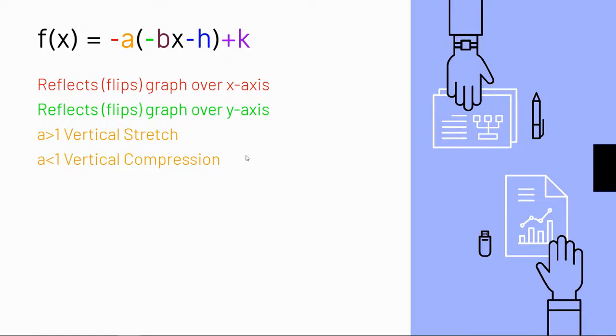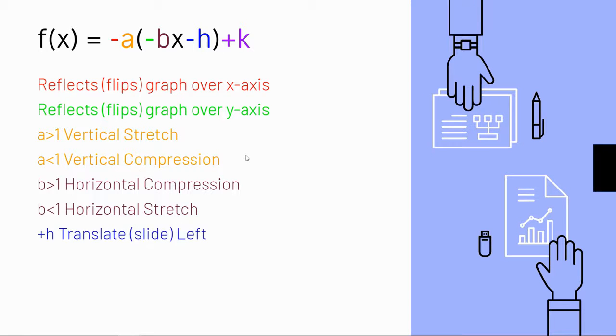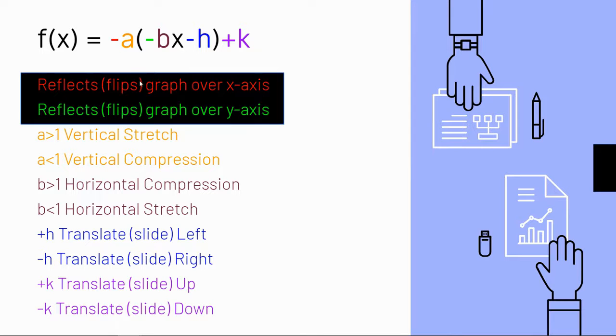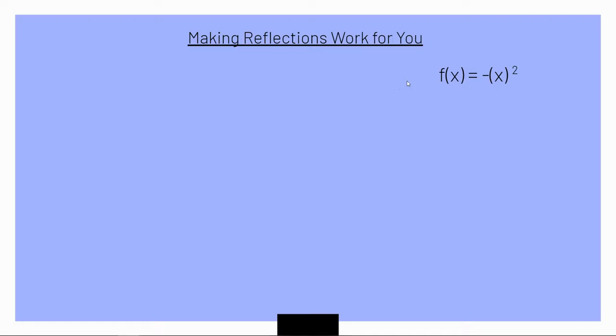We've already talked about vertical stretches and compressions, horizontal stretches and compressions, moving left, moving right, up and down. So now we're just going to reflect on the reflections. Let's say we have negative x squared. Again, we remove all negatives and all numbers. Negative is really -1, so we remove that.